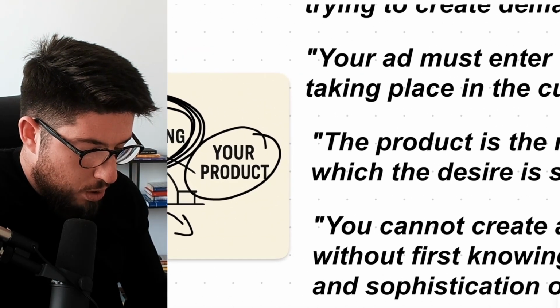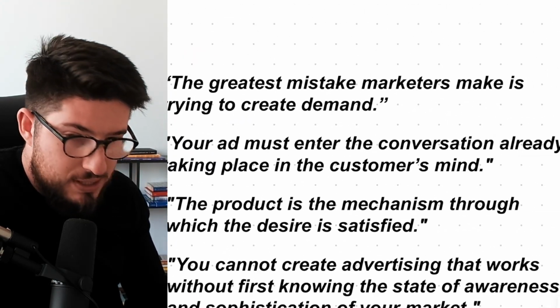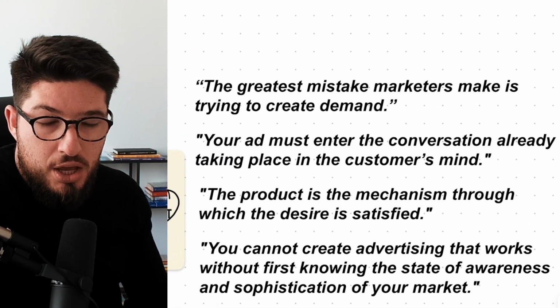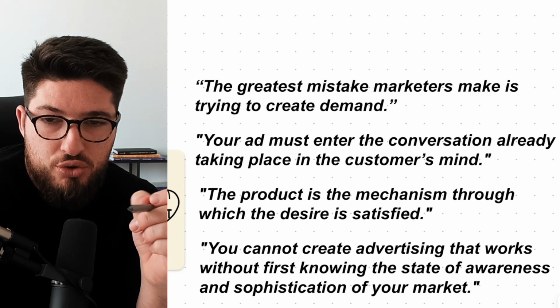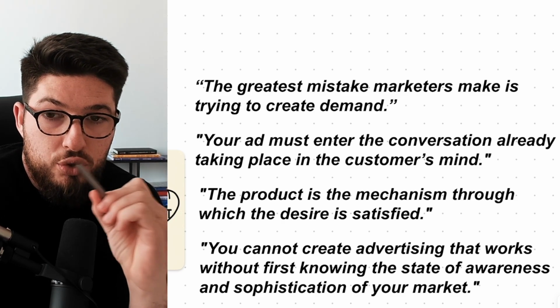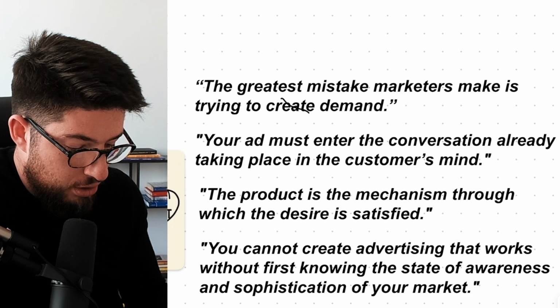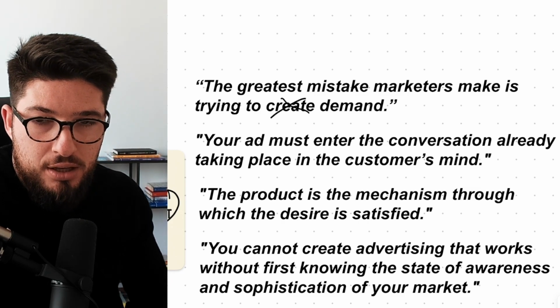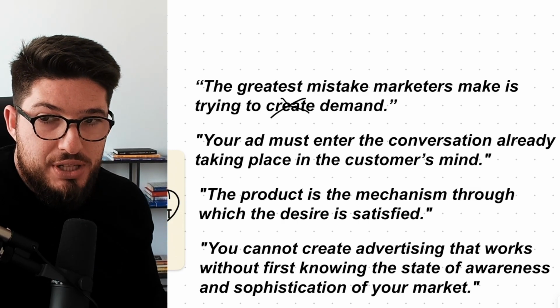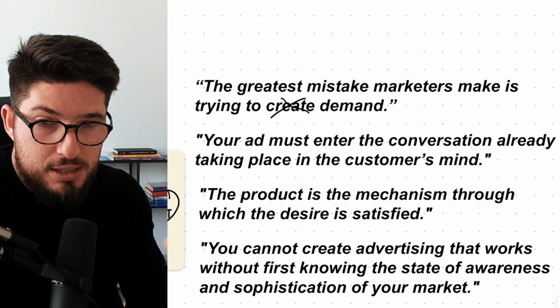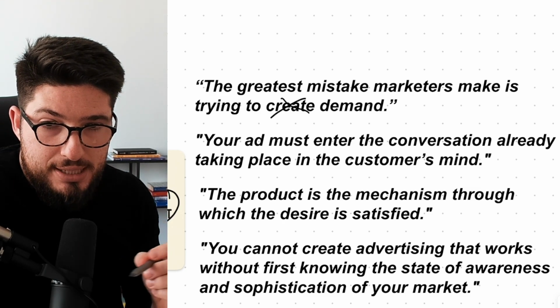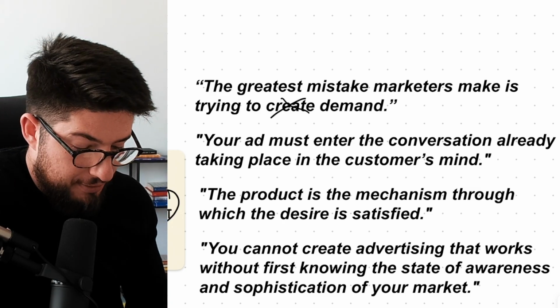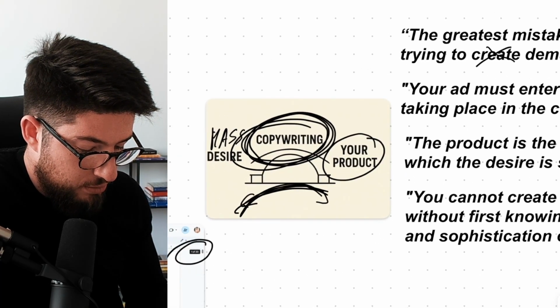So a few quotes from the book that I find very interesting is this: the greatest mistake marketers make is trying to create demand. You do not create demand, you capture some already existing demand. Your ad must enter the conversation already taking place in the customer's mind. Then the product is the mechanism through which the desire is satisfied. So this bridge.